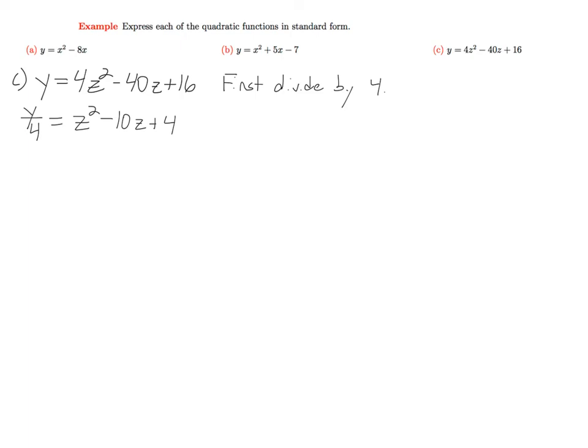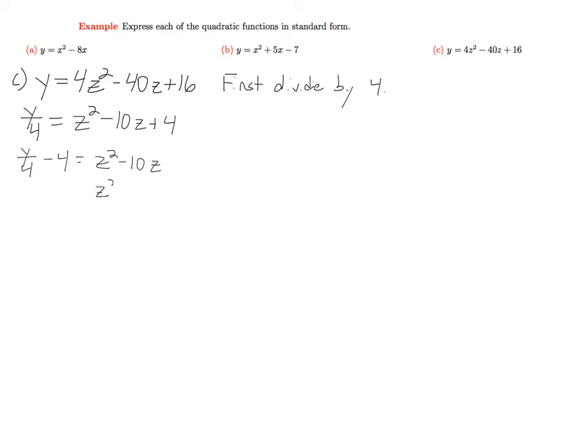So let me also bring over the constant 4 from the right side. I'm going to subtract both sides by 4, and this is going to just give me a pretty clean slate on the right side. So on the right side, I now have z squared minus 10z.